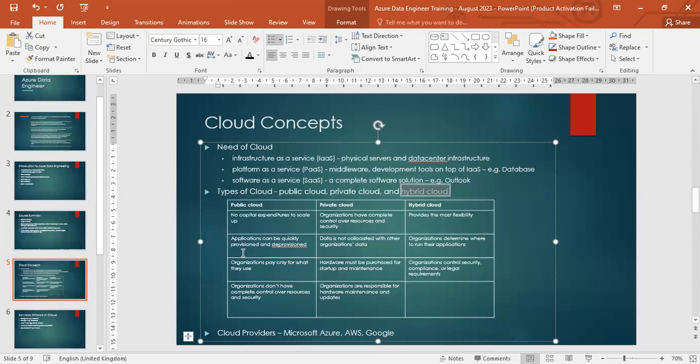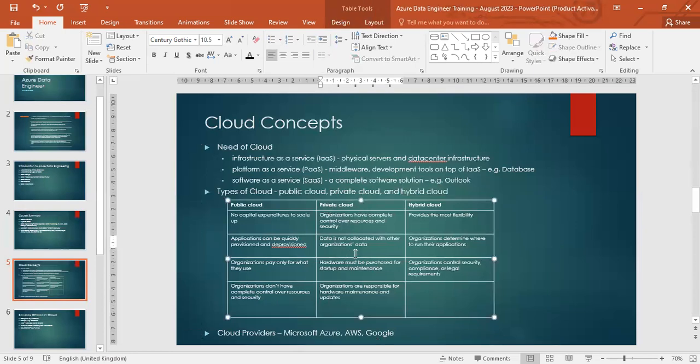So those are the differences between these three cloud types. Mainly depending on the organization's requirements, these combinations will be used. For the private cloud, the data will not be shared with other organizations, so it will be mainly owned by that specific organization.